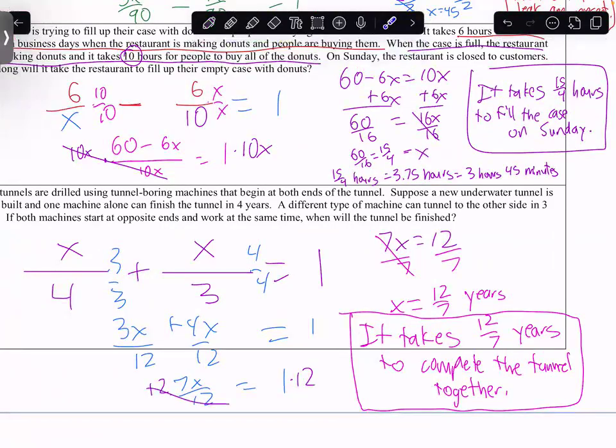So, questions about the word problems? Once you have that all down, you can flip back to the front side. There's a few more rational equations. Those are a little bit more involved to solve because the denominators are different.